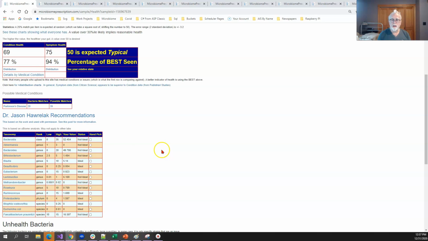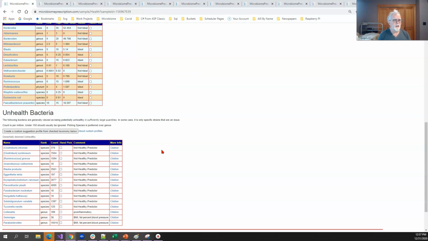Other things are experiments of trying to tease information from the data which we have. Then down at the bottom, it has unhealthy ones. Generally my criterion is we want to have at least 1,000 before you really pay much attention to it. And we do find one, Bilophila, which we do have detected by the other process.